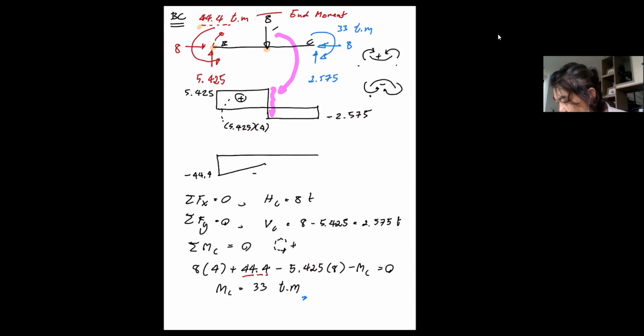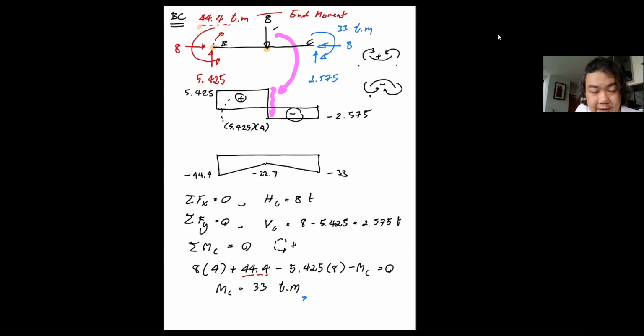That is minus 22.7. And of course, this shear area, this one is a negative area. So it should bring this bending moment diagram down again to the proper value that you have on the right, which is minus 33.